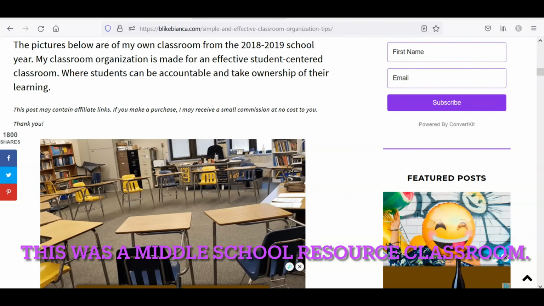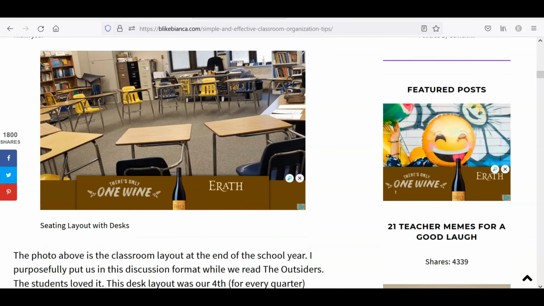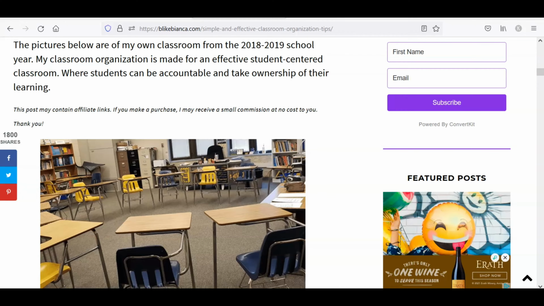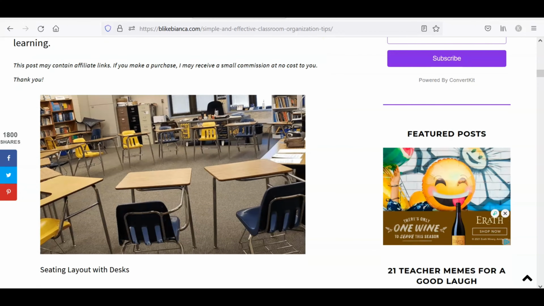This picture below is actually my older classroom, and it had a lot of room. I had my teacher desk, and then off to the side another teaching area where I would have materials for students, and sometimes I would sit and teach from there, or we would listen to books.